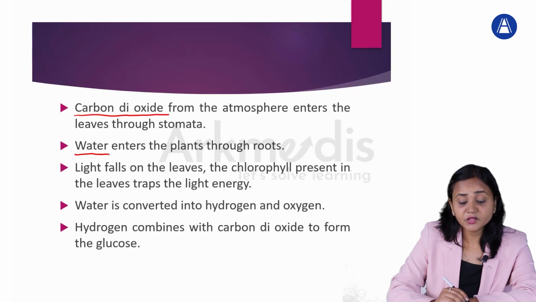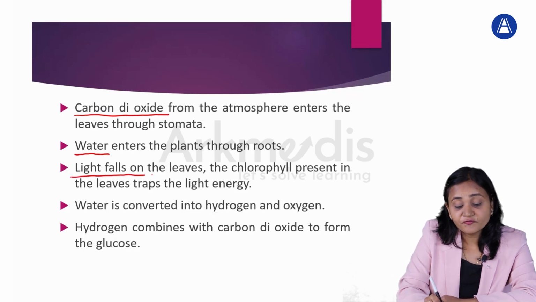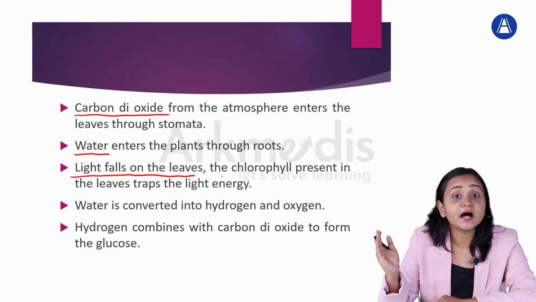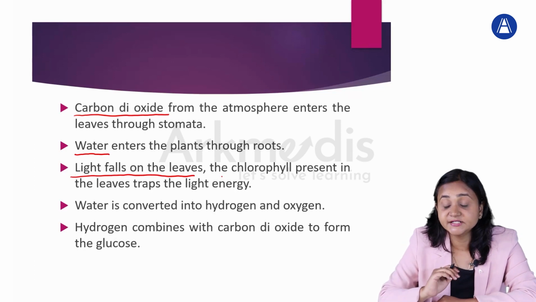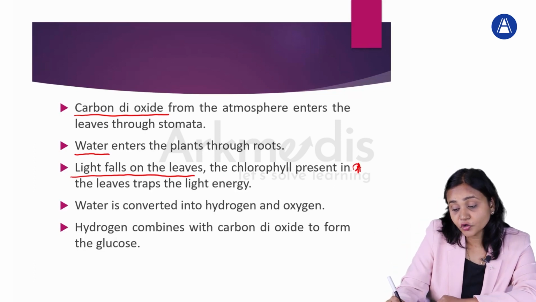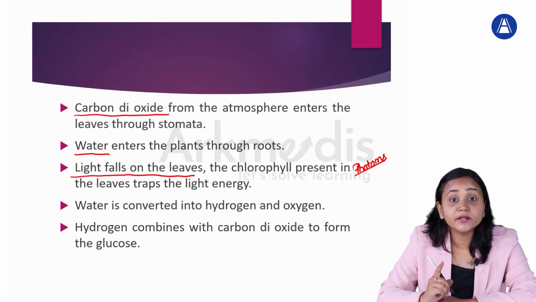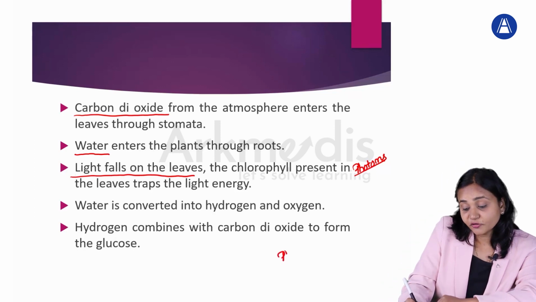Now, when the light falls on the surface of the leaf, the chlorophyll that is present inside the chloroplast absorbs the light energy in the form of photons. Okay, and what happens? One important reaction takes place called the photolysis of water.